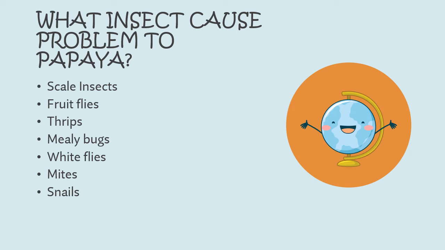Okay, how do we control this insect? The first one is by hand removal. When we see the flies or thrips infesting the fruit, we do hand removal.